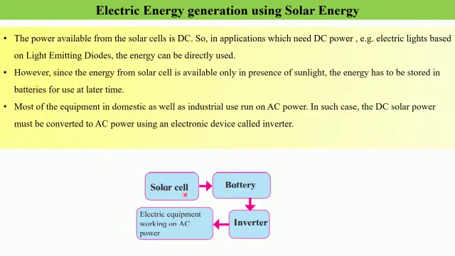Here we have a solar cell and it will give rise to direct current which will be stored in the batteries, and the inverter will be converting the direct current into alternating current, which will then be used by electric equipment working on AC power. So this is the conversion of energy generated by the solar cells in the form of DC to AC by making use of an inverter.